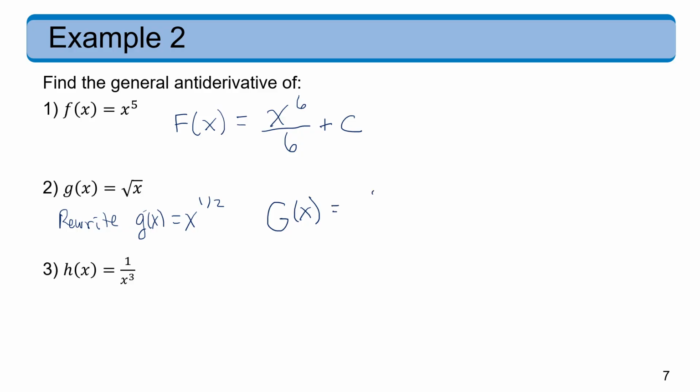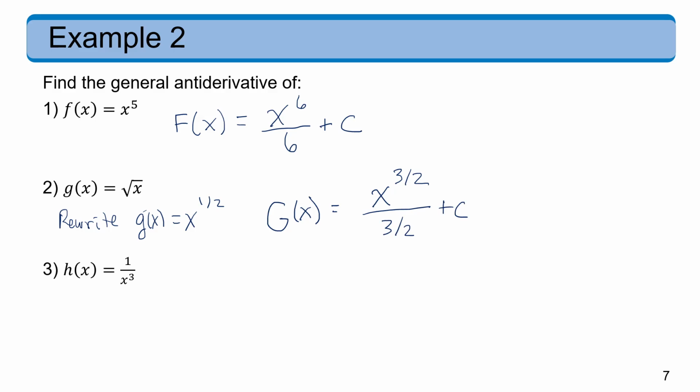So now we want to increase the power by 1. So we take 1/2, that's the original power, and add 1 to it. So 1/2 plus 2/2 gives you 3/2. And then you divide by the new power, so divide by 3/2. And then we put plus c.